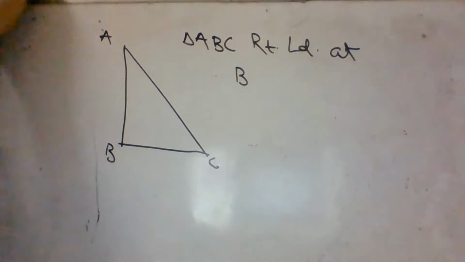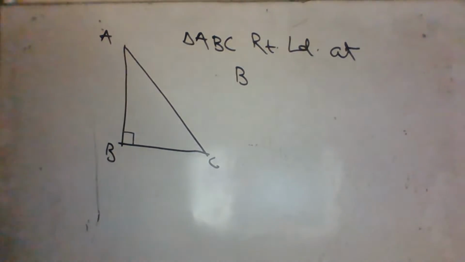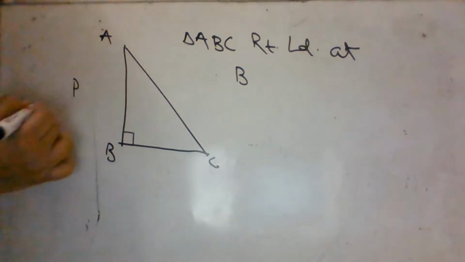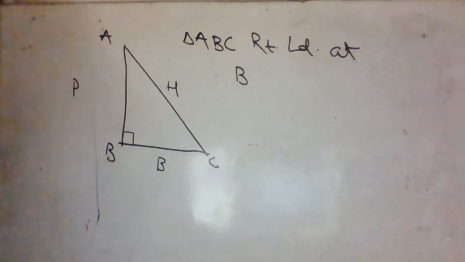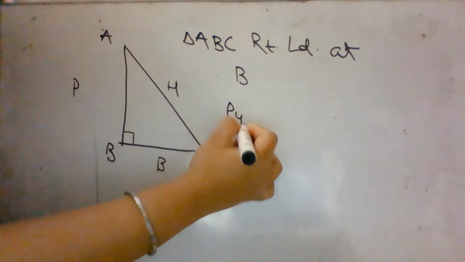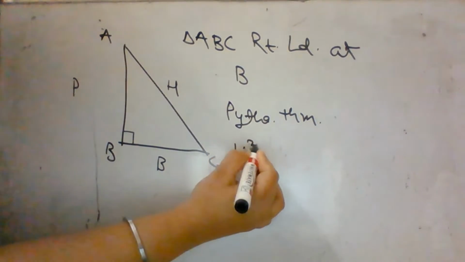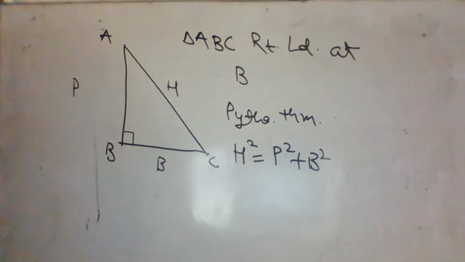So this is a right angle triangle and this is right angled at B. Now in this, we know from very junior classes that this particular side is known as perpendicular, that is P. This is base, that is B, and this is hypotenuse, that is H. We also know about Pythagoras theorem, and Pythagoras theorem says that H squared is equal to P squared plus B squared. That is sufficient to start with trigonometry.